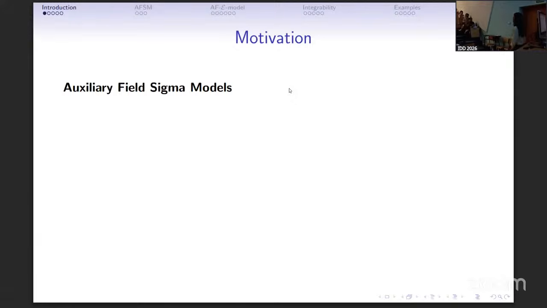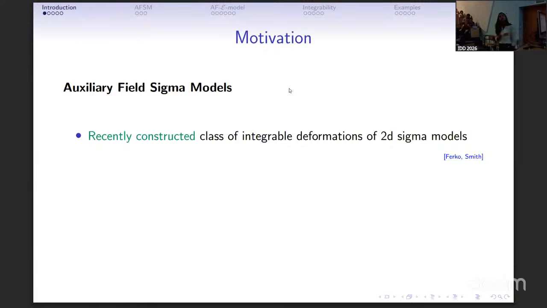So let me start by talking a little bit about the motivation behind this work, motivation behind studying auxiliary field sigma models. It's fairly recent work. Just 2 years ago, this huge class of integrable deformations of 2D sigma models was constructed by Chris and Liam.